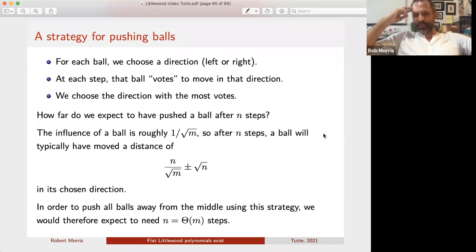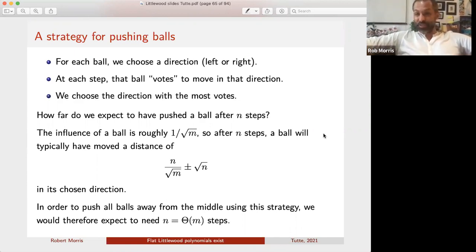There are two versions of this process, an online version and an offline version. I think what I just said is basically correct for the offline version, where you get to see all of the random sets at the beginning. But for the online version, it may well be false. You may need an extra log. Anyway, there's a nice problem that if anyone wants to chat about afterwards, I'm very happy to chat about it.